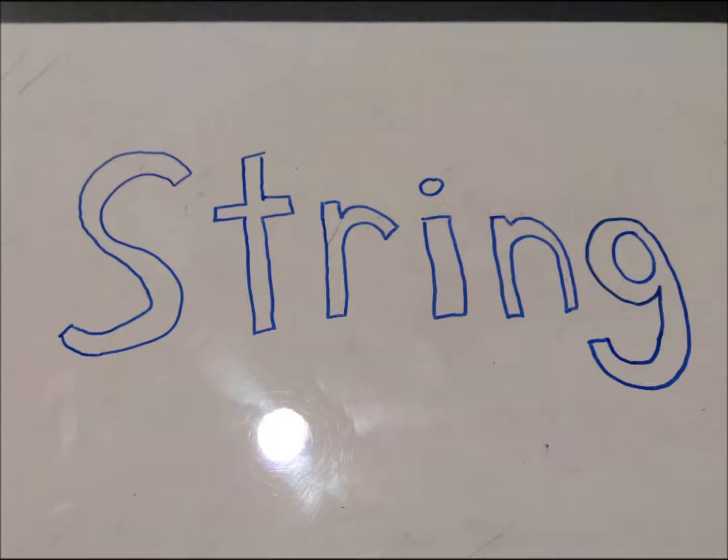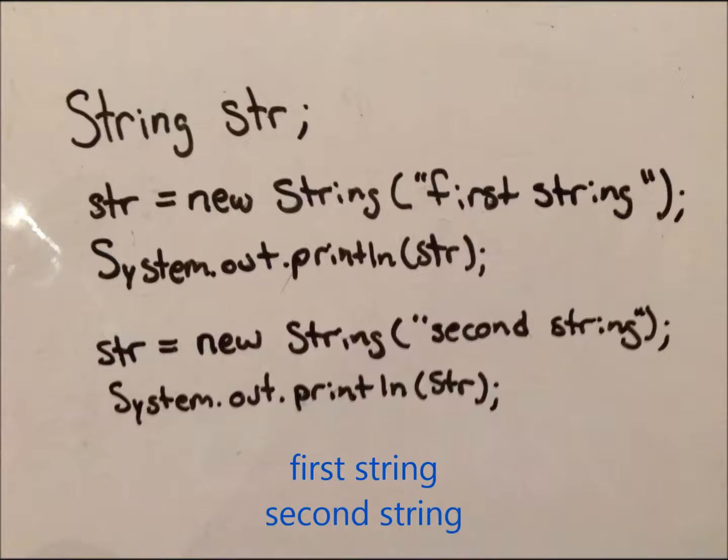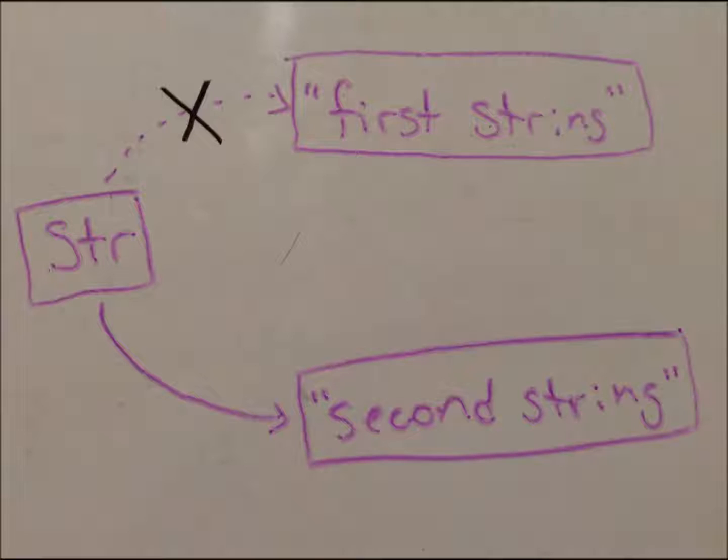It's possible to store a new object reference in a variable. For example, the variable str is used to store a reference to the string "first string." In the second part of the example, a reference to the string "second string" is stored in the variable str. If another reference is saved in the variable, it replaces the previous reference. If a reference to an object is no longer being used, then there is no way to find it.